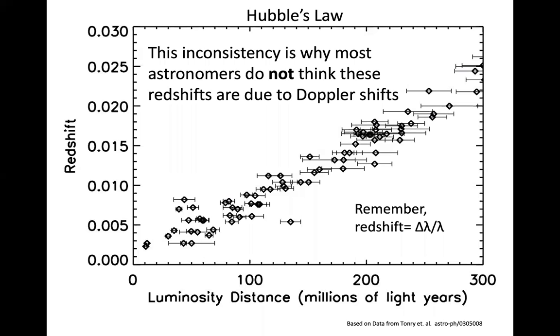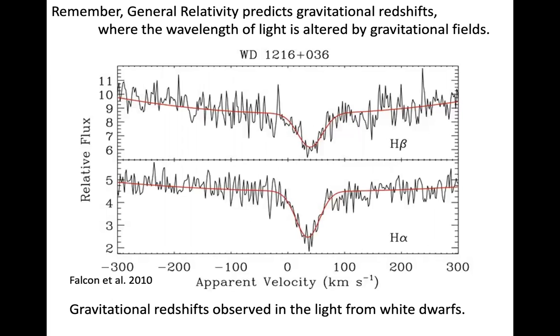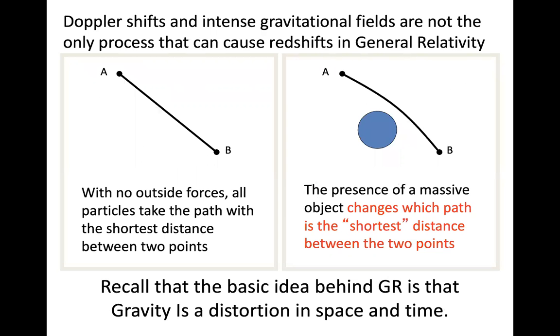involving, again, general relativity. Now, in general relativity, we know that there are other processes that can change the wavelength of light. For example, there are gravitational redshifts, which we've already talked about in the context of stars, black holes, etc. But what these reflect is the fact that gravity is not a force, it's a distortion in the geometry of both space and time.